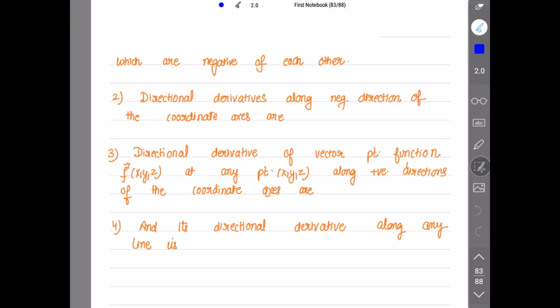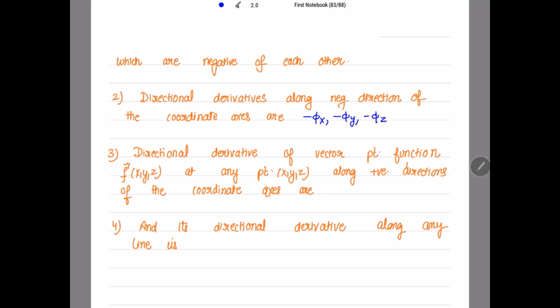Second is the directional derivative along the negative direction of the coordinate axis. Along the positive direction of the coordinate axis, the directional derivatives are phi x, phi y and phi z. Now for the negative direction, these will be minus phi x, minus phi y, minus phi z.